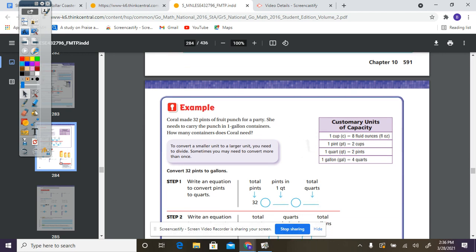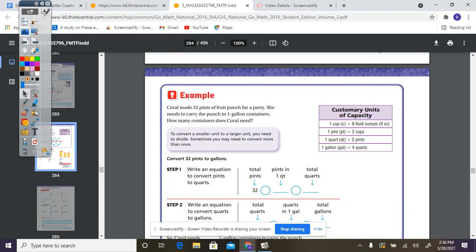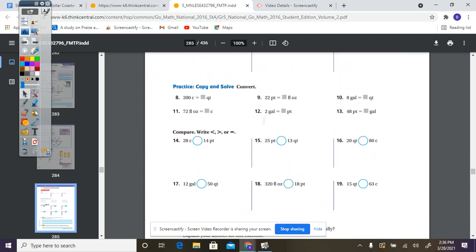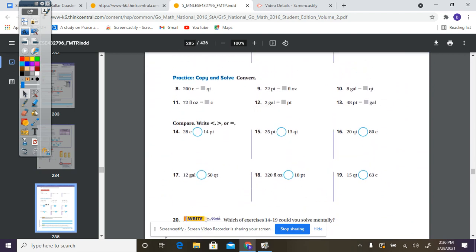Right here, we look at our conversion. There's 2 pints in 1 quart. So I'll move it back down. There's 2 pints in 1 quart, so that means I'm multiplying 13 times 2, which is 26. So I have 26 pints compared to 25. 26 is bigger. The Pac-Man's going to eat the 26.